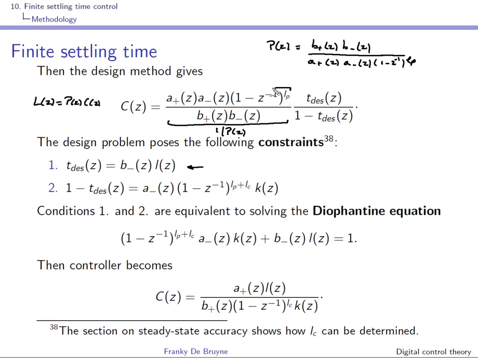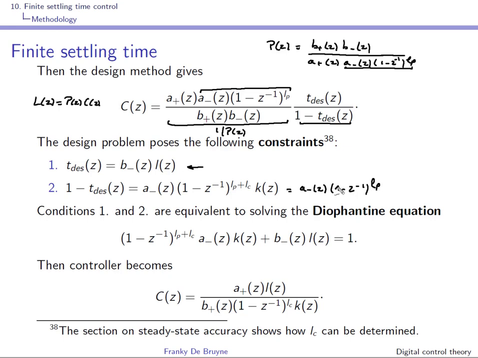This one also has to disappear from the controller, otherwise it will cancel out with the corresponding poles of the process. So we have to make it a part of 1 minus T desired. This is why we write it as A minus Z, 1 minus Z minus 1 LP.